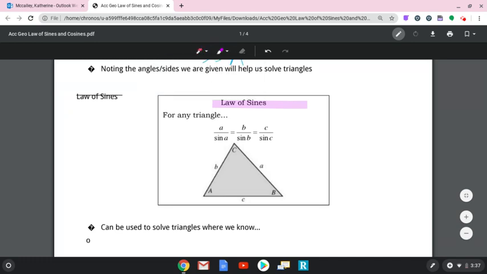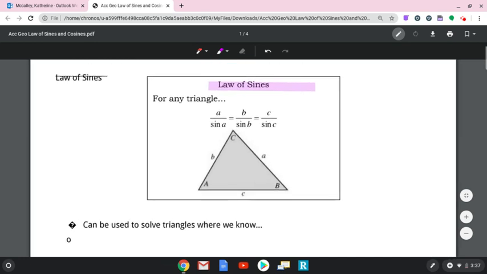When they have it on the bottom, it should be all the angles. I tend to do all the angles in capital letters. So I have an A, my second one a capital B, and my third one a capital C. All the bottoms should be capital letters.